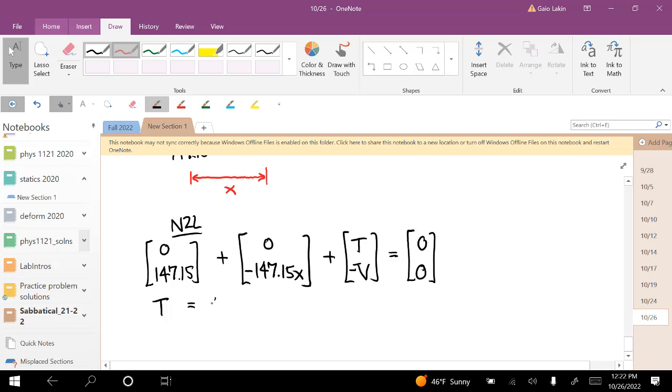So T is 0 and V is negative 147.15x plus 147.15.